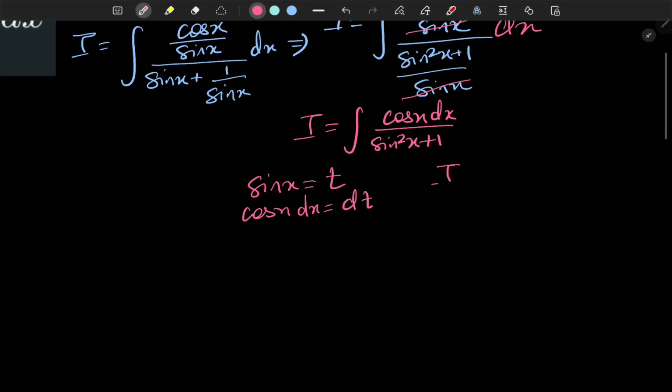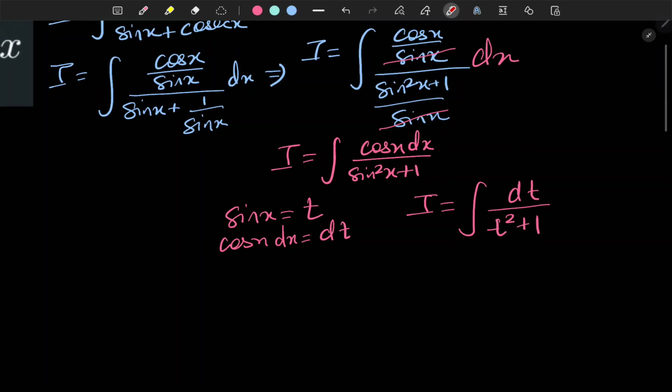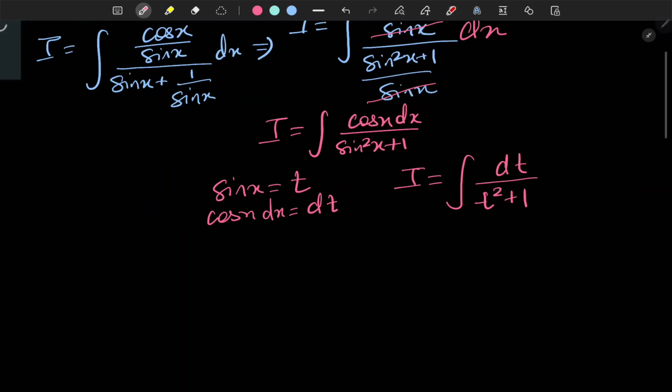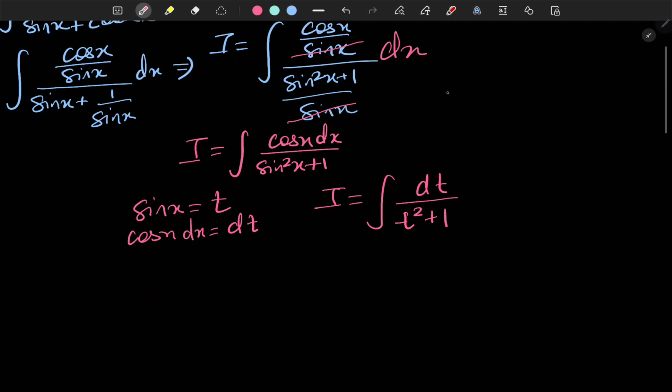Okay, so now our I is the integral of dt over t squared plus 1. You can see that cosine x dx becomes dt.